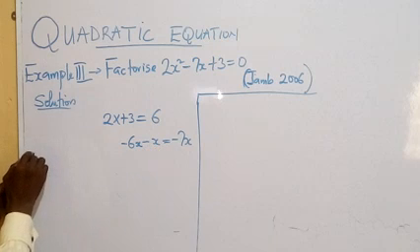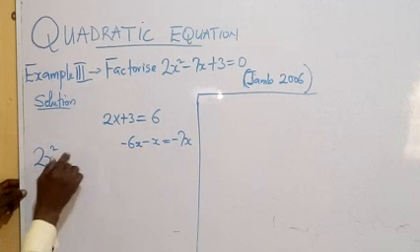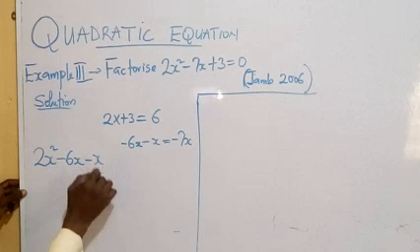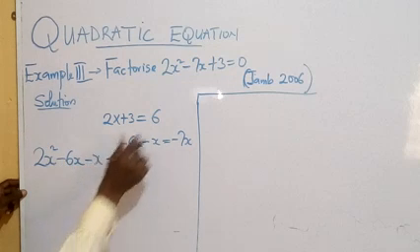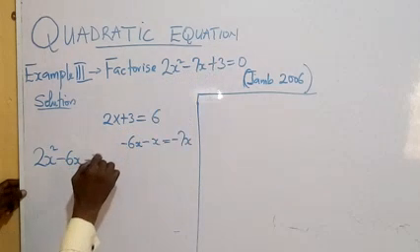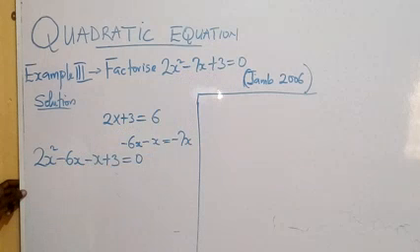Therefore, we have 2x squared minus 6x minus x plus 3 equals 0.